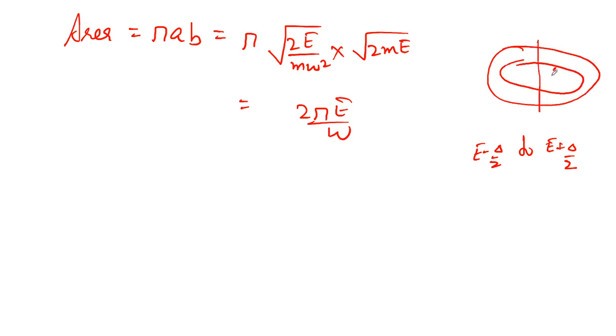So this is E minus delta by 2, and this is E plus delta by 2, and the particle lying within this trajectory, from that we can find out the volume of this region.